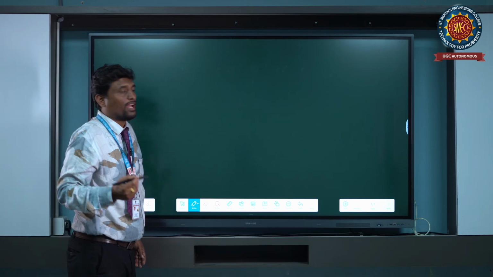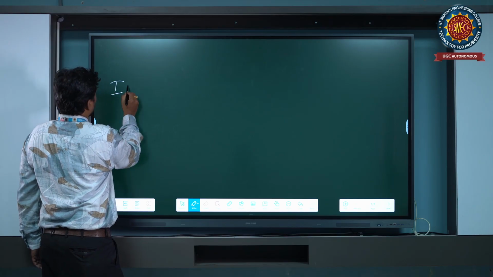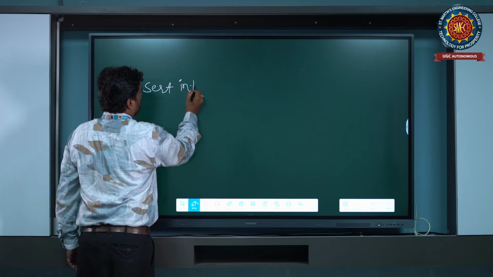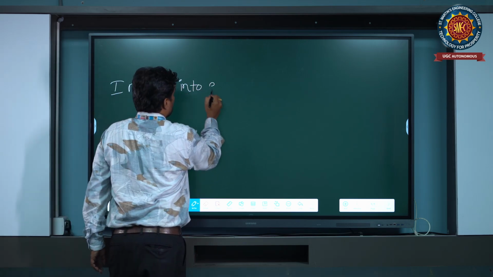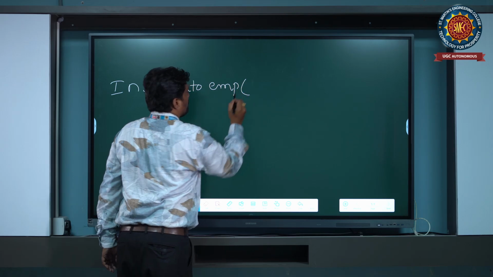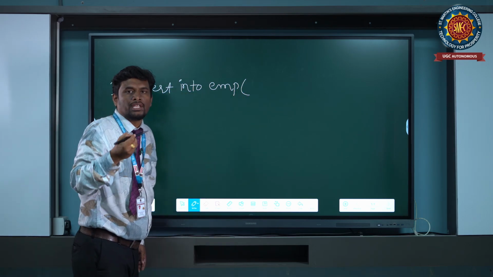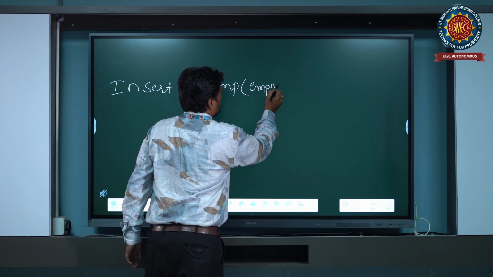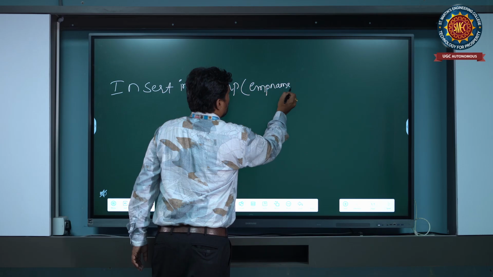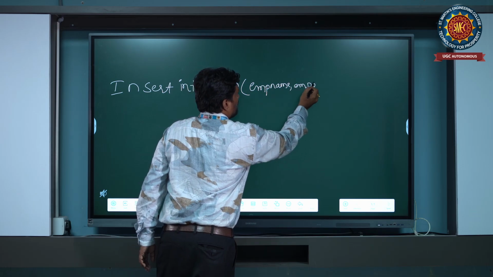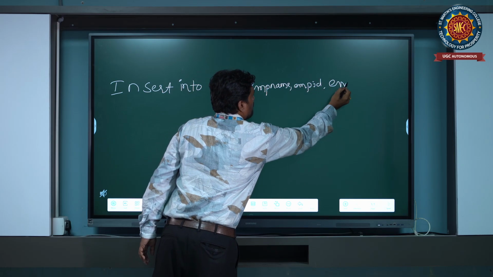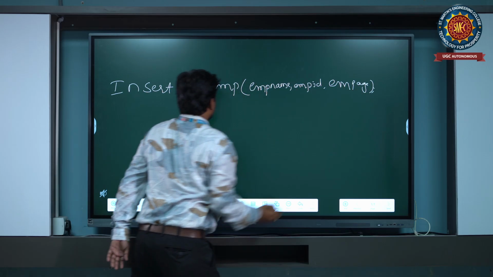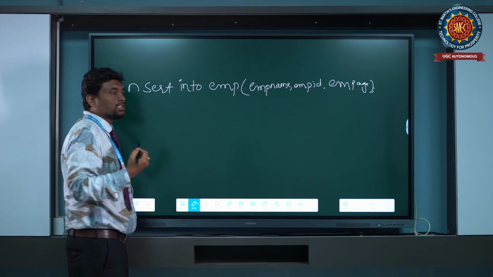Next, how to insert the values? INSERT INTO table name. Table name EMP. Suppose I took the column names EMP ID, EMP name, EMP age. See, suppose I am inserting the values.